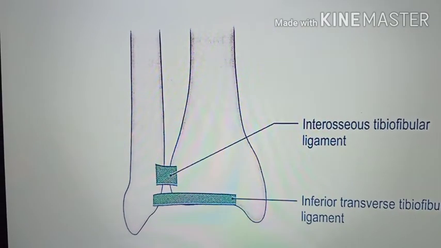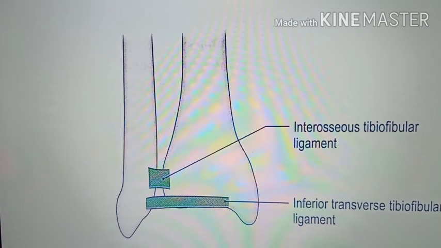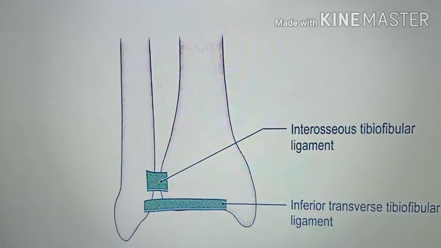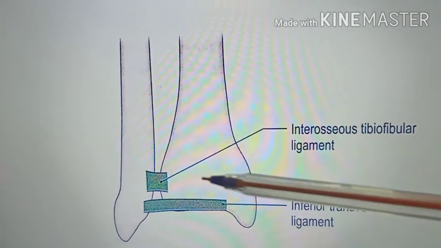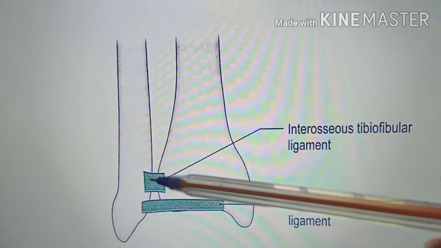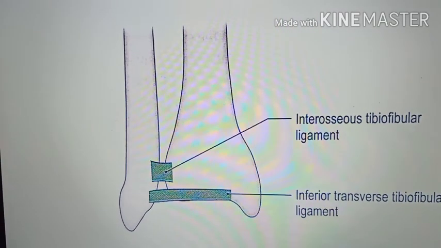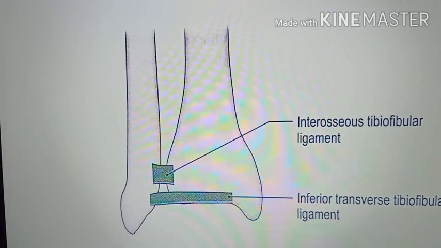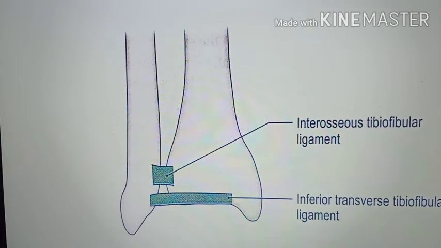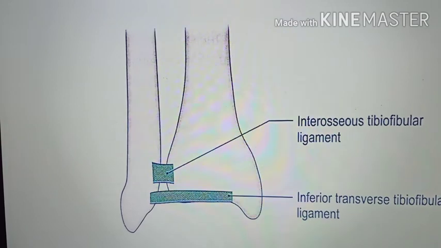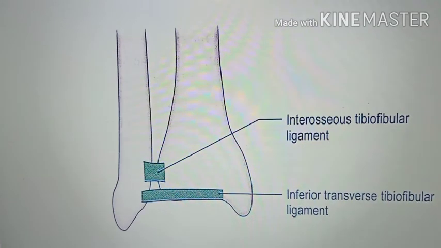It is a strong and short band which connects the opposing rough surfaces of the tibia and the fibula. The interosseous ligament is covered both in front and behind by the anterior and posterior tibiofibular ligaments.